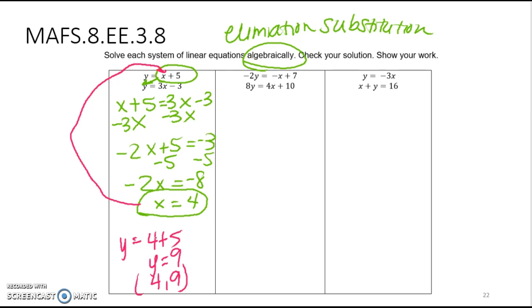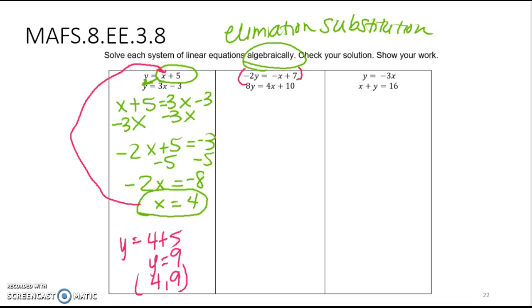All right, in this system, you'll notice that y is not isolated like it was in the first one, but I could isolate it, or I could use elimination and make a variable cancel out.